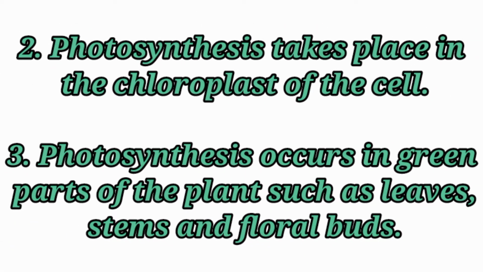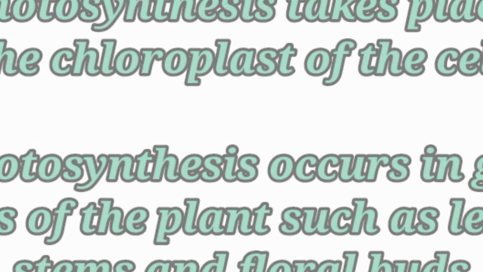Photosynthesis takes place in the chloroplast of the cell. Photosynthesis occurs in green parts of the plant such as leaves, stems and floral buds.